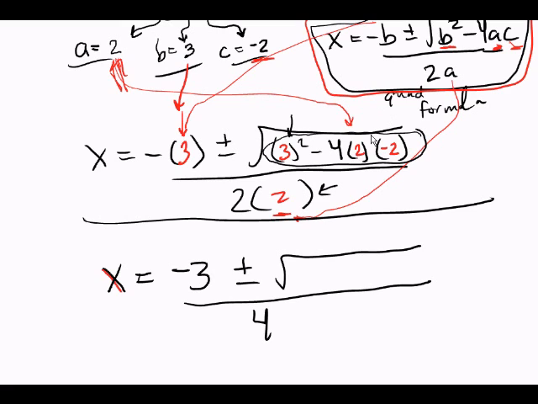Now, I'd like everybody to try to do the math inside the square root. Put this in your calculator and see what you get. Many people get this wrong. That's why I want to make sure you're able to do that in your calculator. I'm doing parentheses 3, close parentheses, raised to the second power, minus 4, parentheses 2, close parentheses, parentheses negative 2, close parentheses.